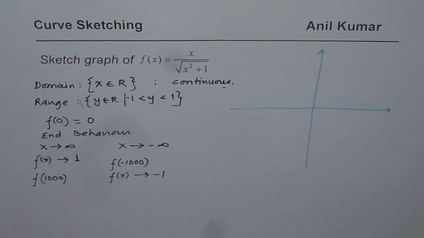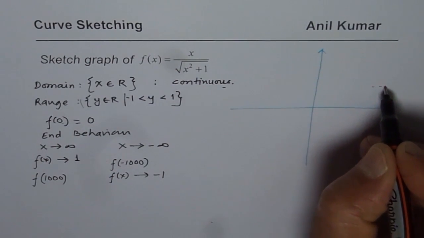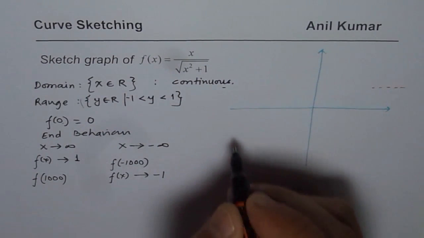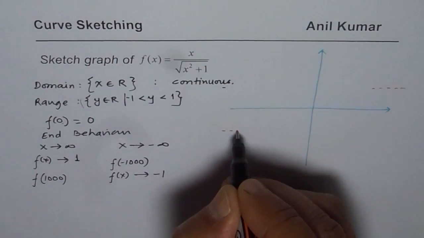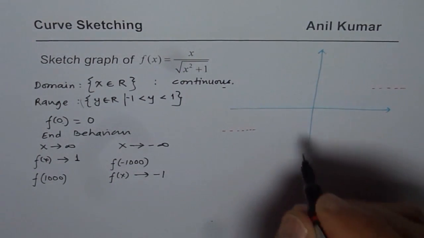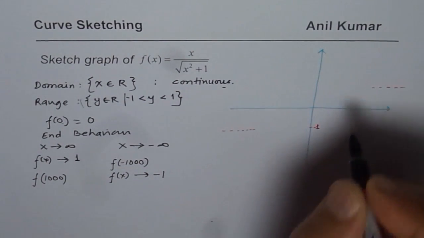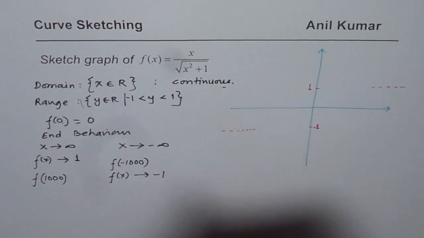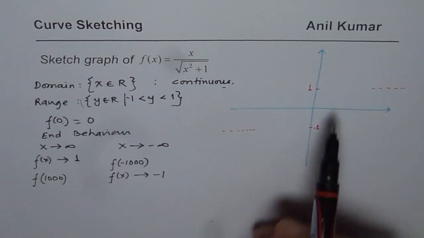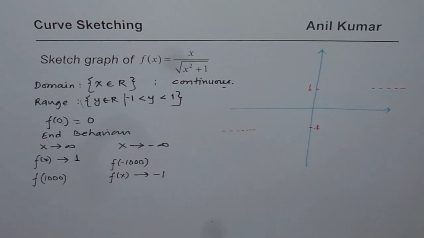So what we found here is that when you are approaching a large positive value, the function is approaching plus 1. On the other hand, if you are approaching a negative value, the function is approaching minus 1. So these points for us are 1 with a negative sign, and this is 1 positive. Correct. Now you can clearly see the range is between minus 1 and plus 1.